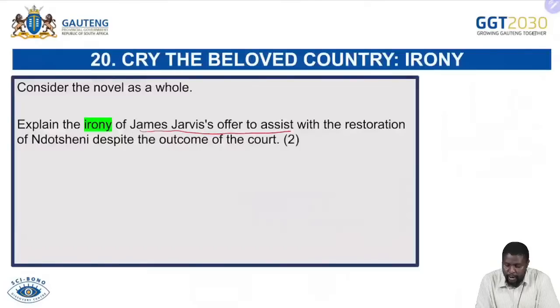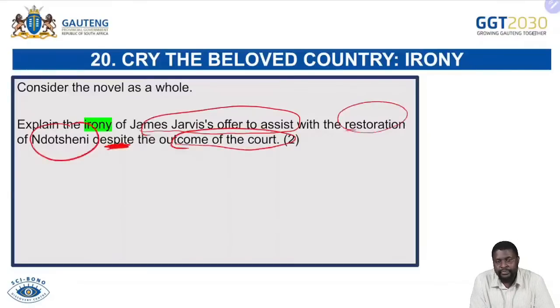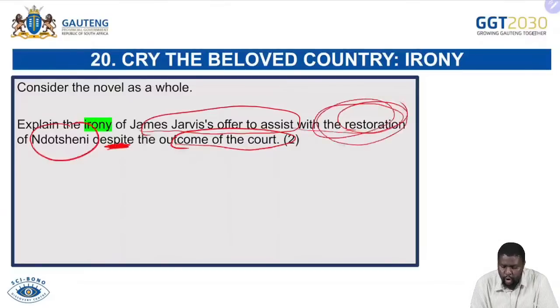James Jarvis offers to assist to restore Ndotsheni. Look at these words here: despite the outcome of the court. What is the outcome of the court? Absalom has been found guilty. So Absalom is going to be hanged for the murder of who? James Jarvis's son. But he offers to assist to restore the village of Ndotsheni. Why is that ironic?